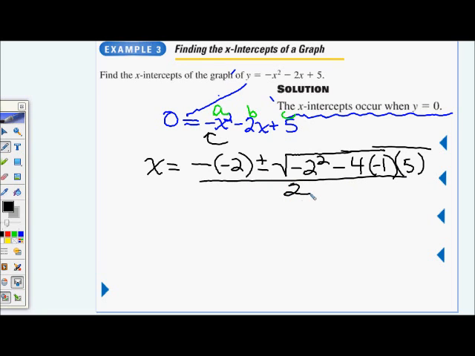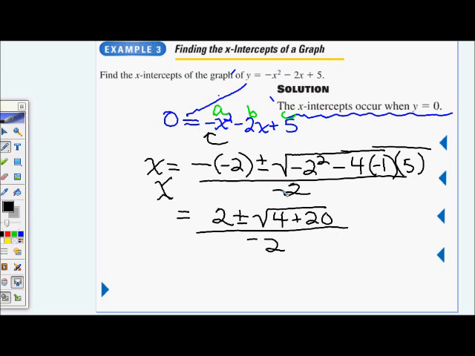When I do that, I'm going to simplify here. X is going to equal 2, negative 2 is 2, so I'm going to do 2 plus or minus the square root of 4 plus 20, and that's all going to be over, oops, I lost my negative 2 in that one, negative 2. Okay, so this is x.